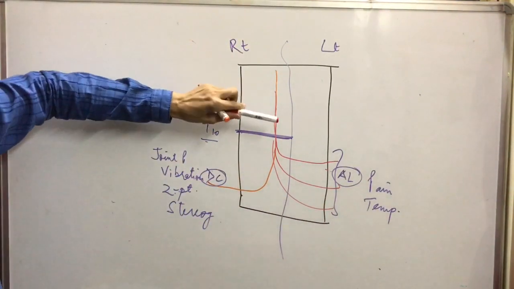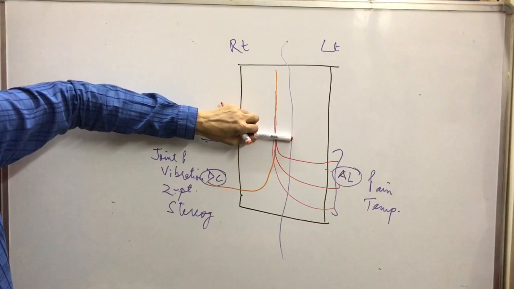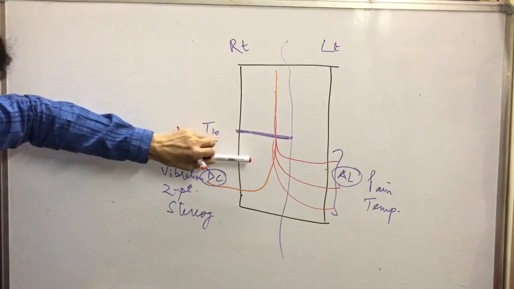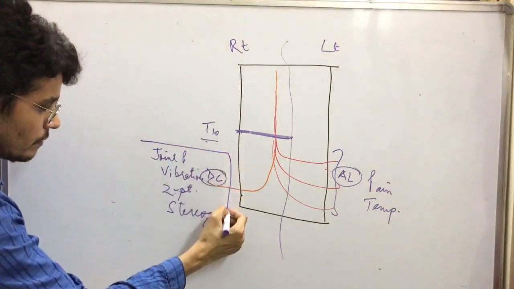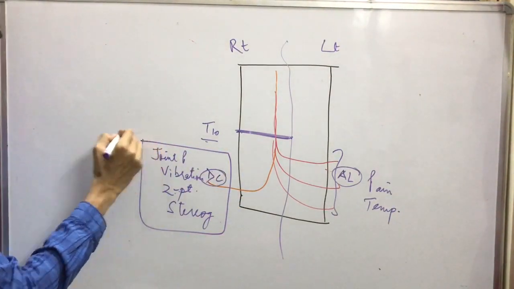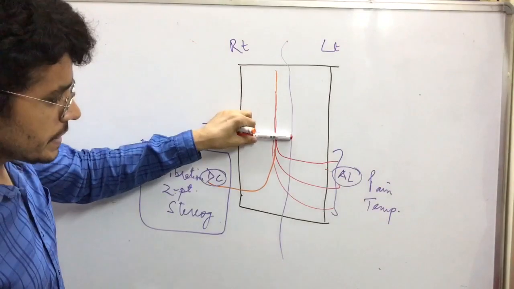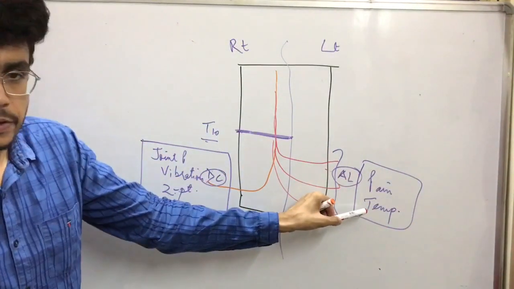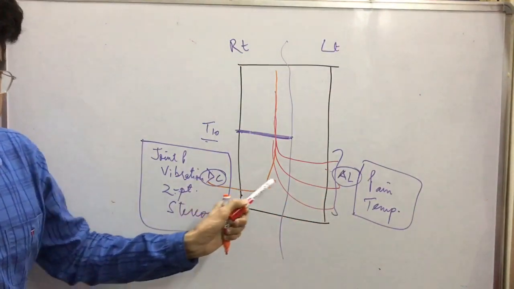So if there is a lesion, a transection at the right-sided T10, then below T10 on the same side all these sensations will be lost, and below T10 contralateral pain and temperature will be lost, right? That is regarding the sensory part.